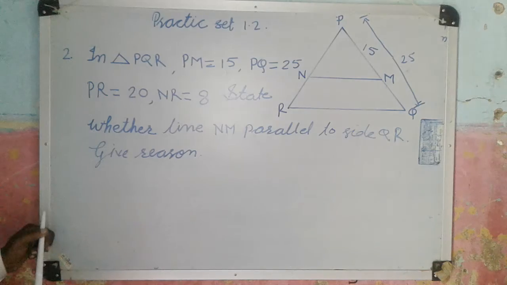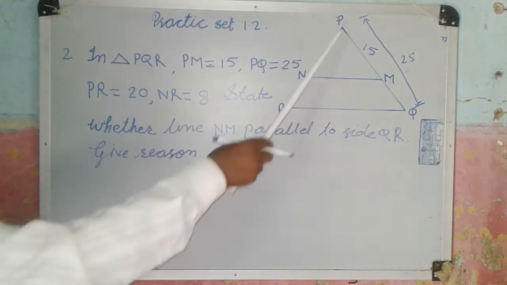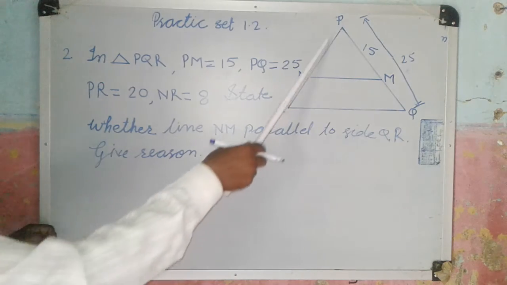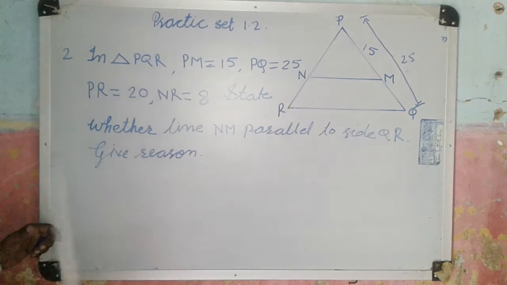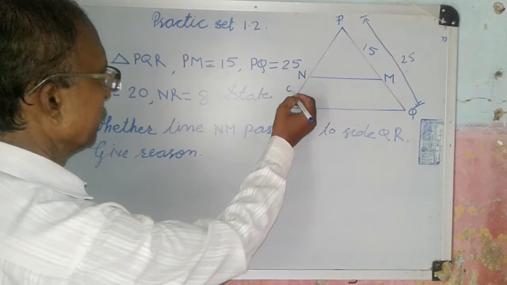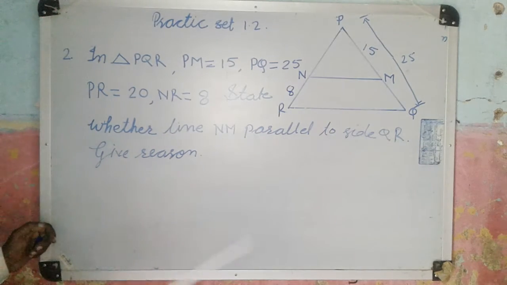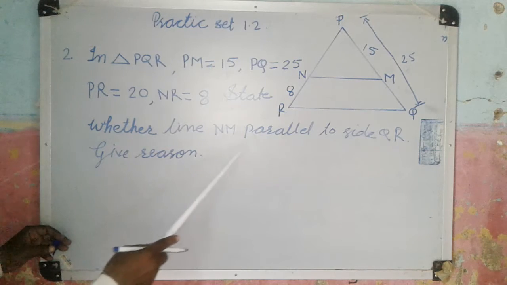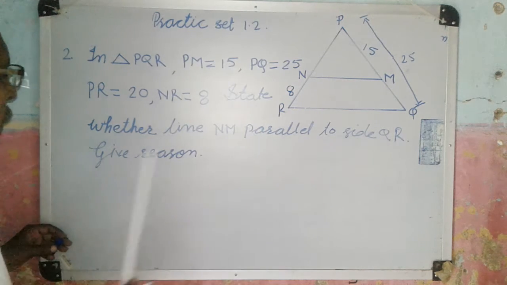PR, this total length PR is 20, and NR, this is 8. State whether line NM parallel to side QR.